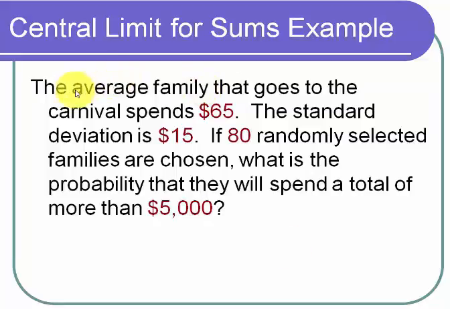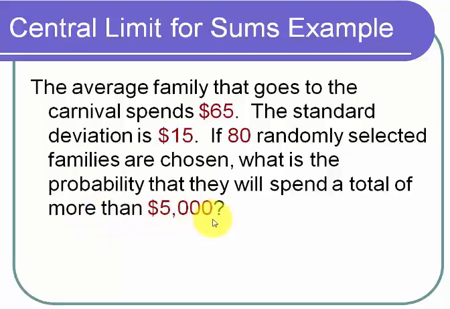Let's suppose we have a carnival at which the average family spends $65, and the standard deviation is $15. If 80 randomly selected families are chosen, what is the probability that they will spend a total of more than $5,000?